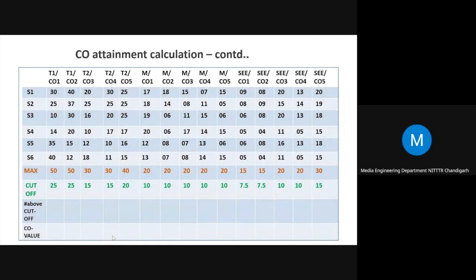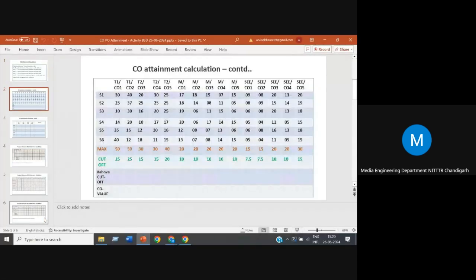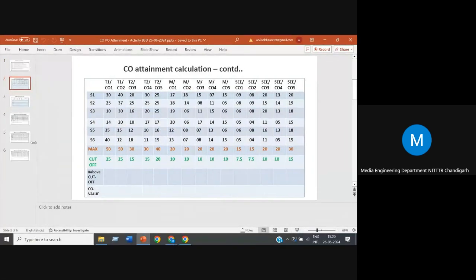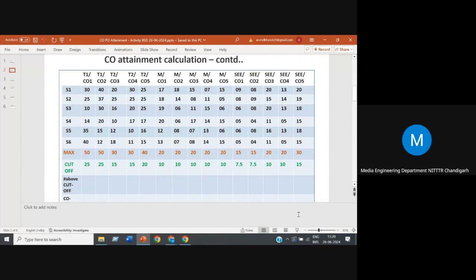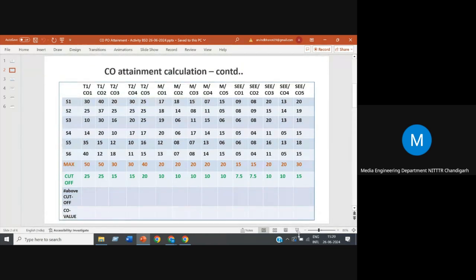Kindly do these calculations using that slide. I will again show the calculation for the first column. This is the second slide.